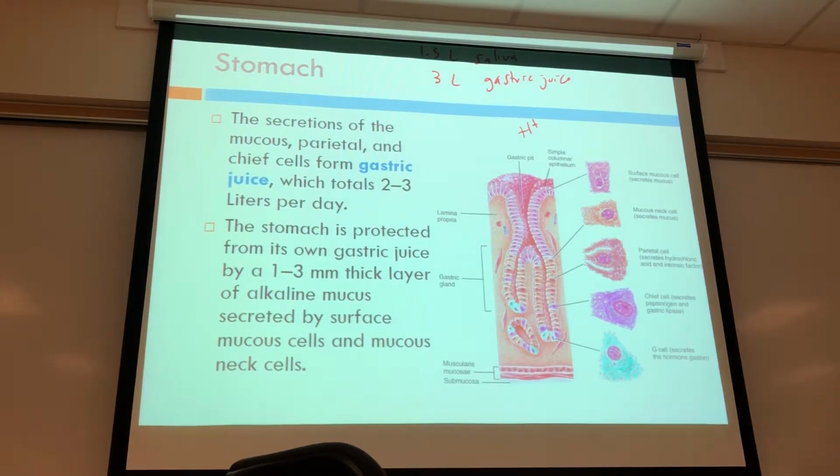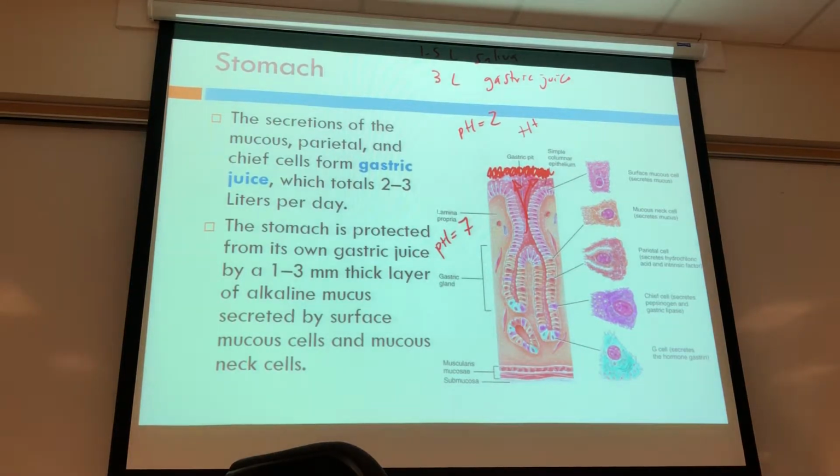So to counter that, those surface mucus cells, as well as the mucus neck cells, produce a bunch of mucin. And that mucin, once mixed with the water, creates this very thick layer of mucus. And that mucus separates the pH of 2 in the lumen from that of the surrounding tissues, which should be neutral at pH of 7.